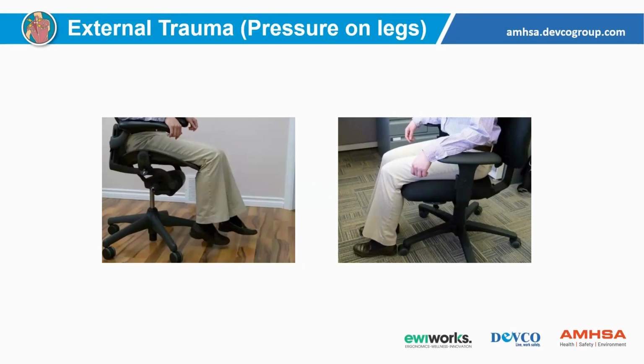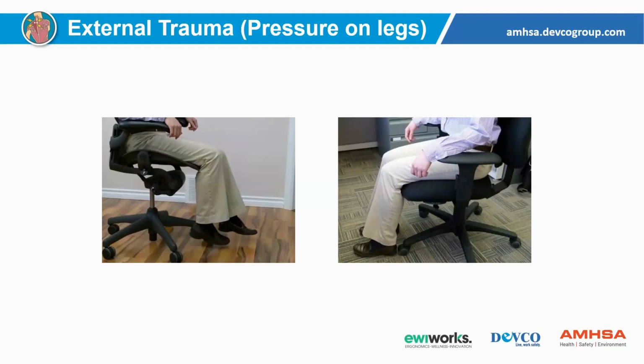Another very common issue that sometimes will happen, you'll see both these issues with one individual. If we look at the picture on the right, we can see that there is no space between the back of this individual's leg and the front of their chair. So their seat pan's a little too long for them. They sit all the way back. They're getting pressure on the back of their knee, and that'll compress the soft tissues and can have an impact on circulation.